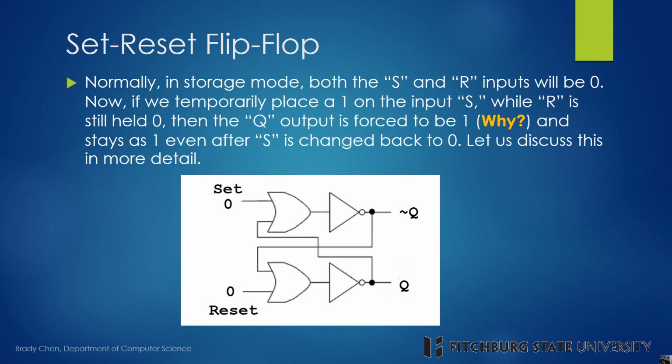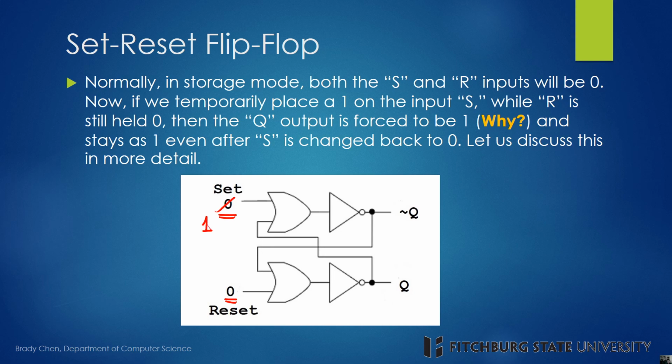Q could be 1 or Q could be 0. We don't know, and I don't care. So the set input is 0, reset is 0. Now what if I change the value of the set input to 1?